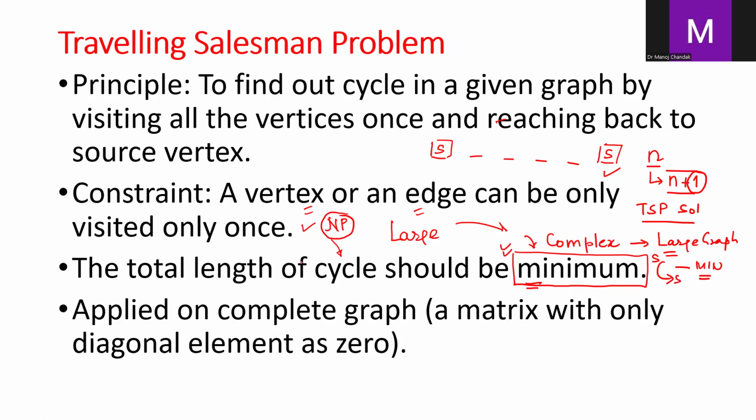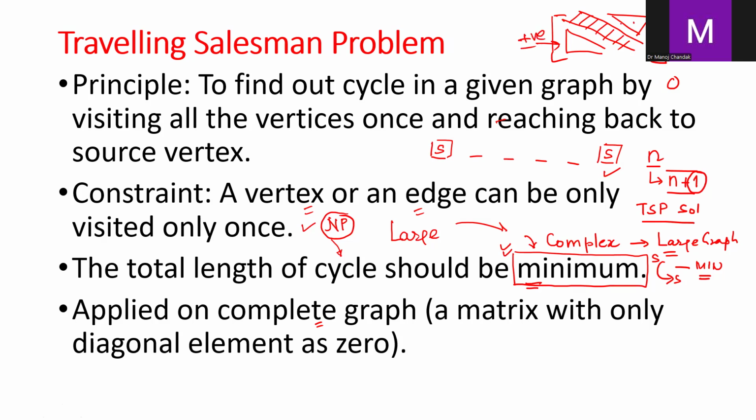This particular problem is basically solved for a complete graph. When you represent the complete graph in the form of a matrix, which is also directed, then the diagonal elements of this matrix will be 0, and the lower triangular part and the upper triangular part will have non-zero, positive entries, and they may be distinct.